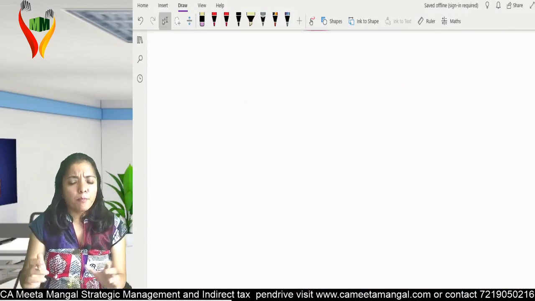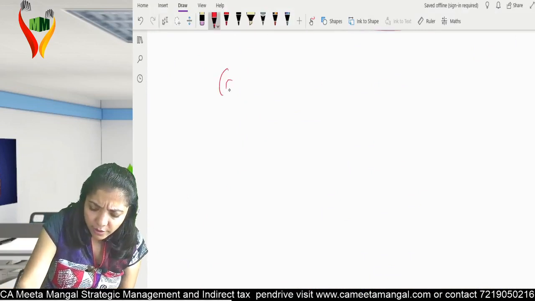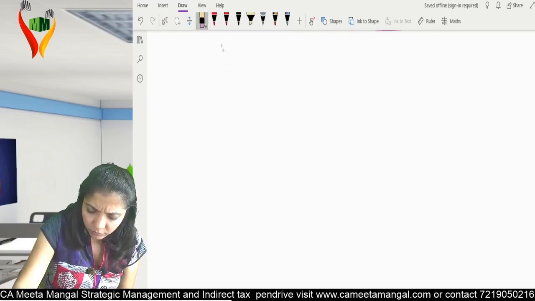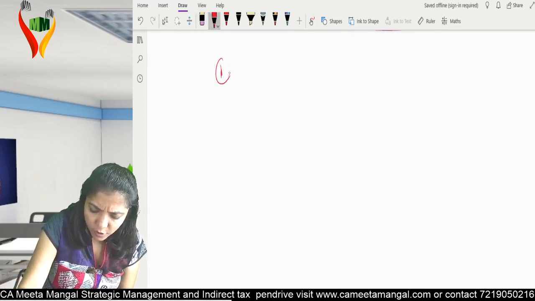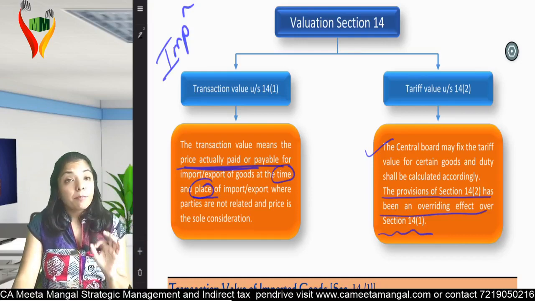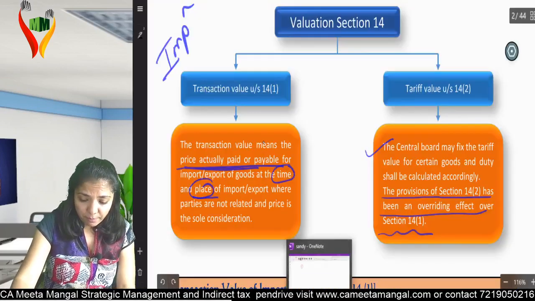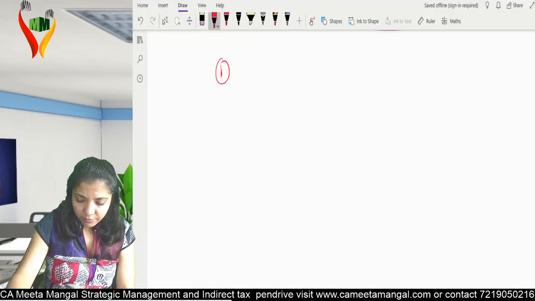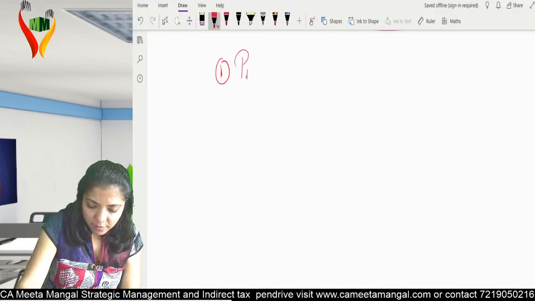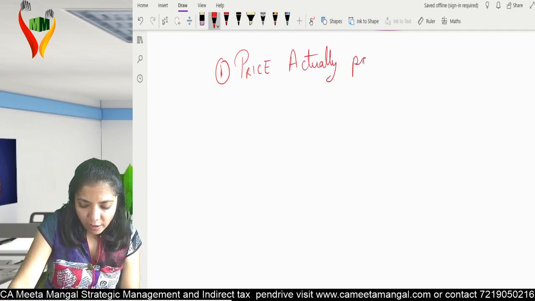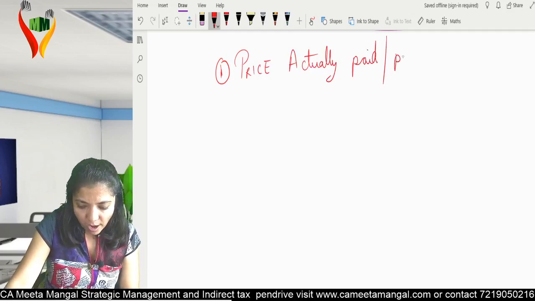Let's make some points. First, what they're trying to say. First point: transaction value is the price actually paid or payable. This is a price.